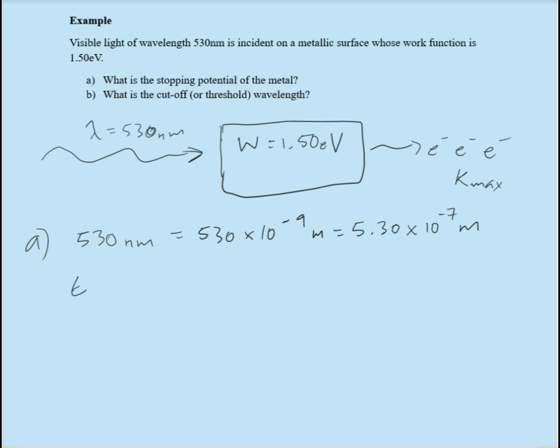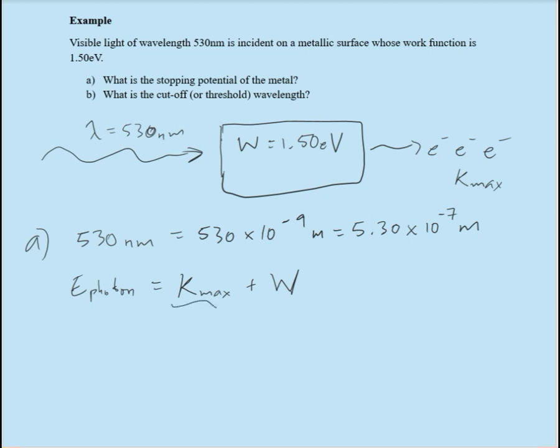So from earlier we know that the energy of the photons, or the energy of the electromagnetic radiation, is equal to the kinetic energy of the emitted electrons plus the work function.